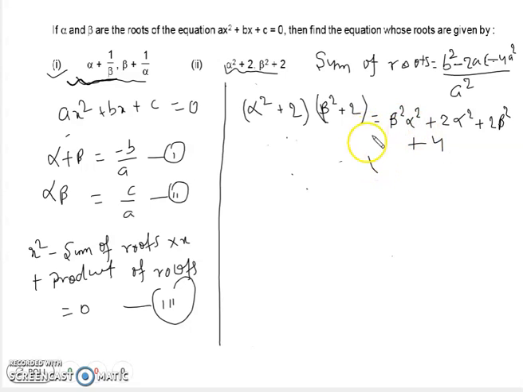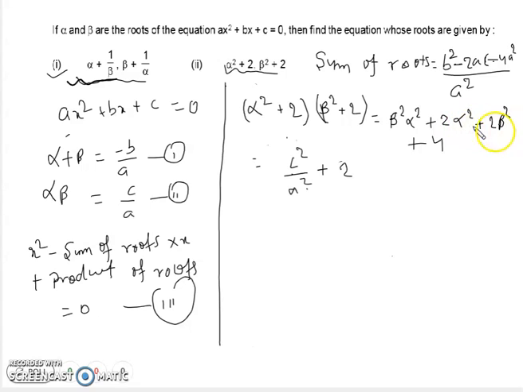And according to the equations first and second, you can put the values of all these terms. So you can write here the alpha square beta square is equal to c square by a square, right? This is very simple, guys. And after taking the LCM, you can write here 2 alpha beta, and 2 into alpha square plus beta square.